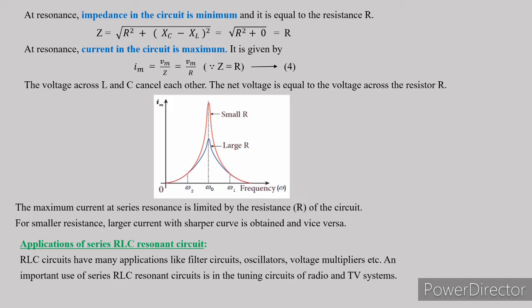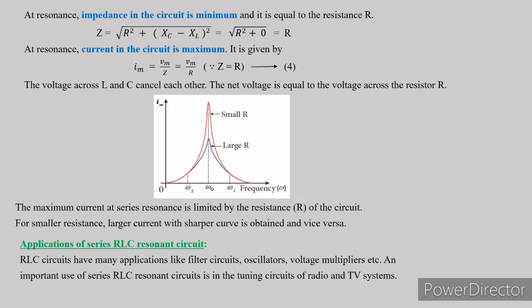It is given by Im equal to Vm by Z, again equal to Vm by R, because Z is equal to R. This is equation 4. The voltage across inductor L and capacitor C cancel each other. The net voltage is equal to the voltage across the resistor R.